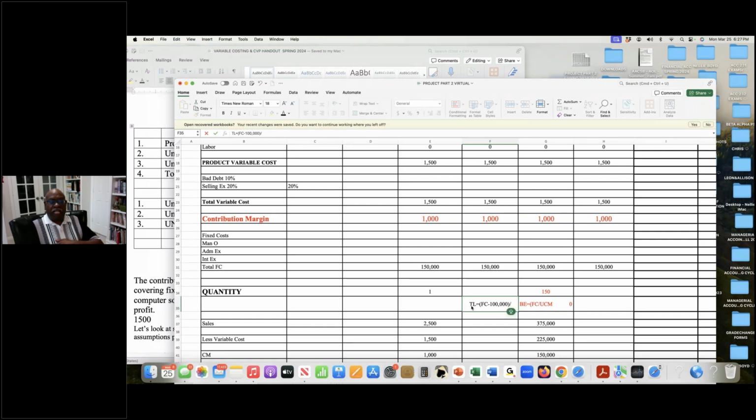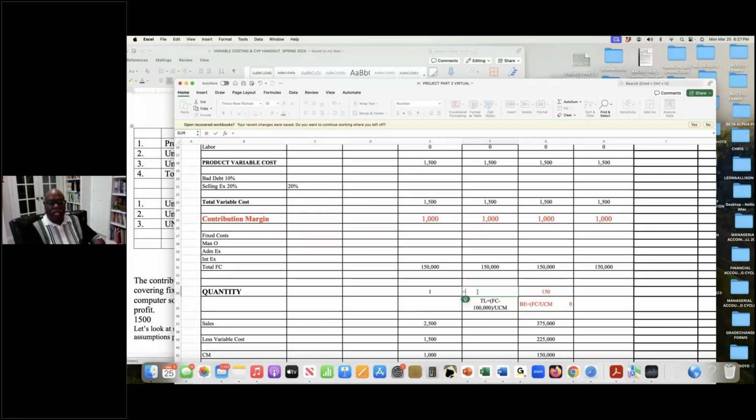So if you work this out, the quantity is 50.